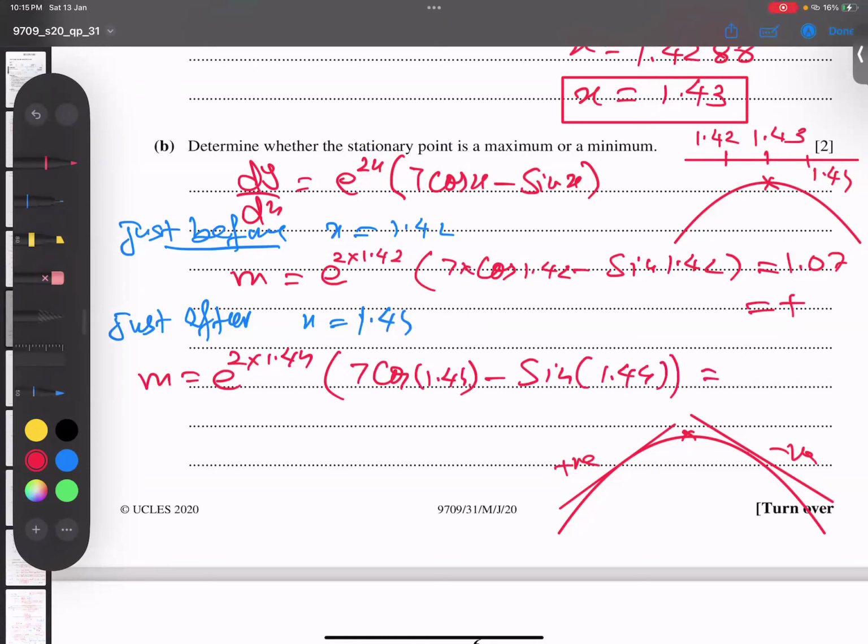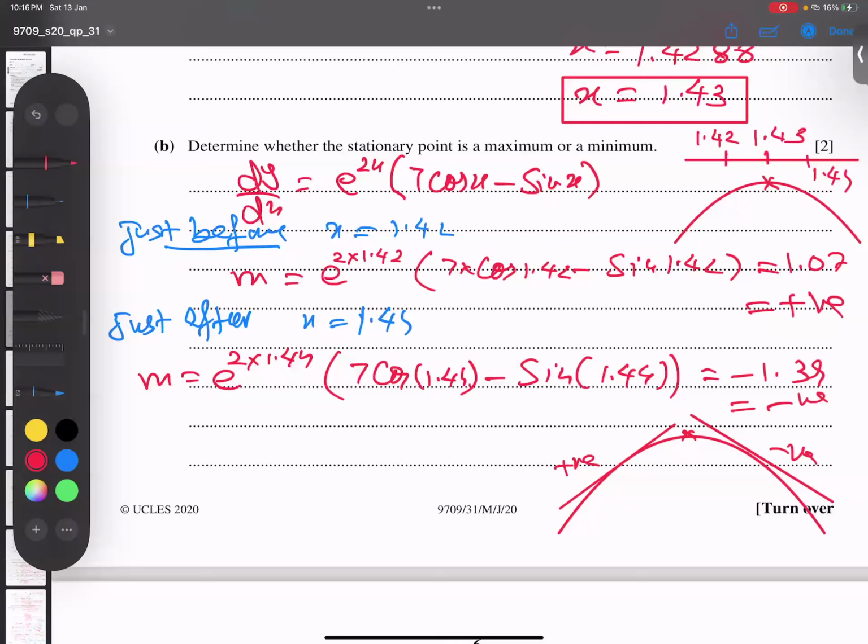So let's try it now. Exponential to power 2 times the answer, then bracket open, 7 times cos of the answer, minus sine of the answer, and my answer is coming negative 1.39, because it's coming first positive then negative.